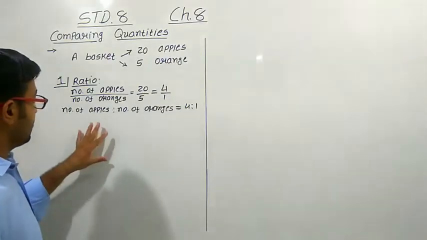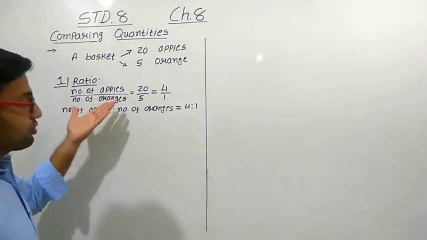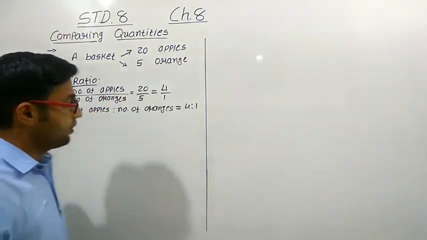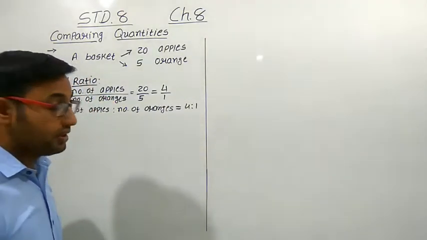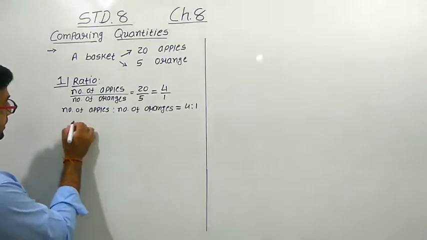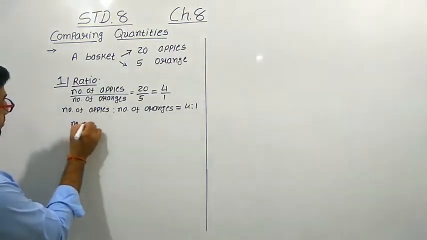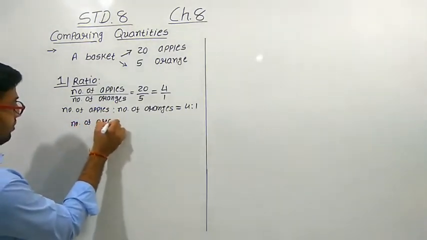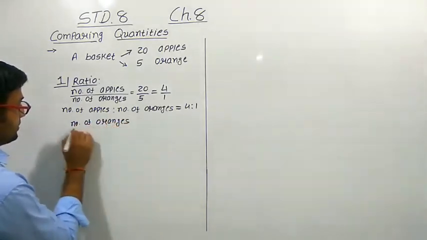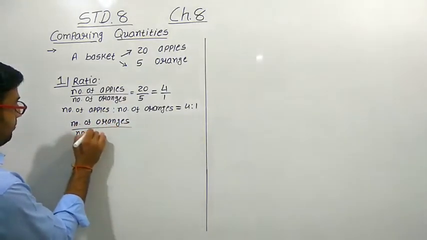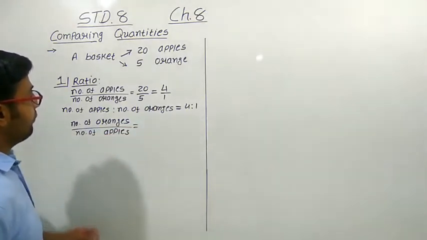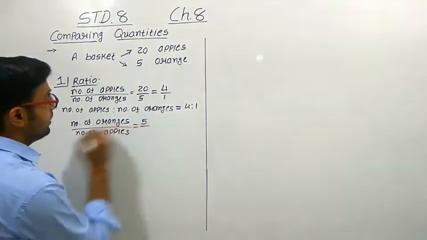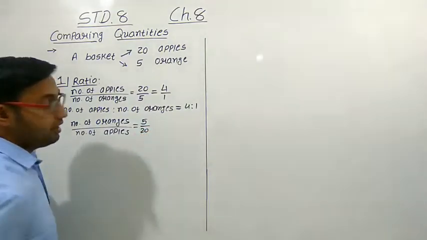Okay, here it is not necessary to take the number of apples in the numerator and the number of oranges in the denominator. We can also change the numerator and the denominator. So see, we can also write it as number of oranges upon number of apples. So now number of oranges is 5 and number of apples is 20.